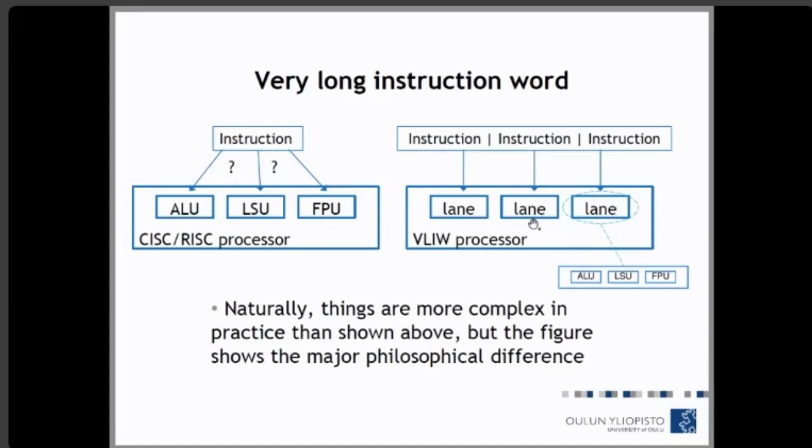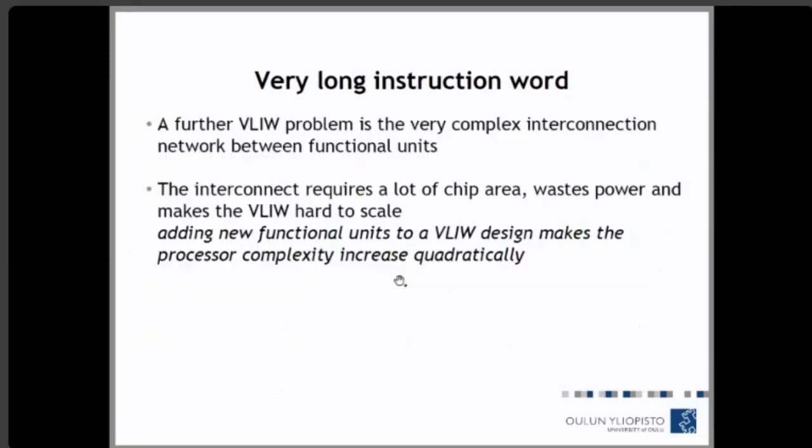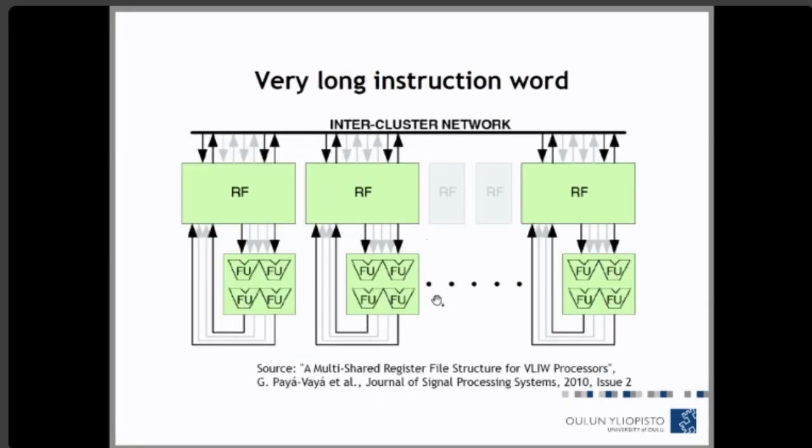And that's an interconnect network. It's okay if you have 1, 2, 3 lanes, but when you have 8 lanes or 16 lanes, which is where VLIW really shows its power, then this interconnect network becomes extremely complicated. This is a depiction of that interconnect network.